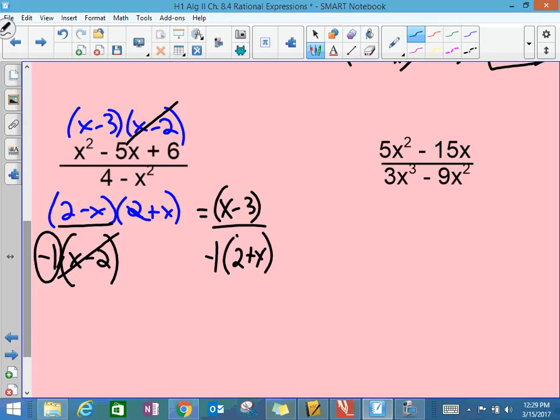But the way you'll see it a lot, like in the books and on the ACT, is that anytime you have a fraction, and either the top or the bottom is negative, it really just means it's a negative fraction, right? If they were both negative, they'd cancel out and be positive. So the really right way to write this is to bring that negative out front, because it makes it a negative fraction. Okay?